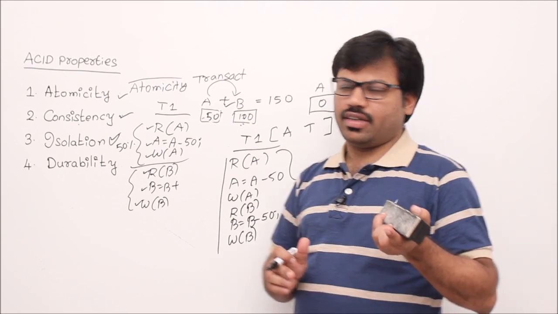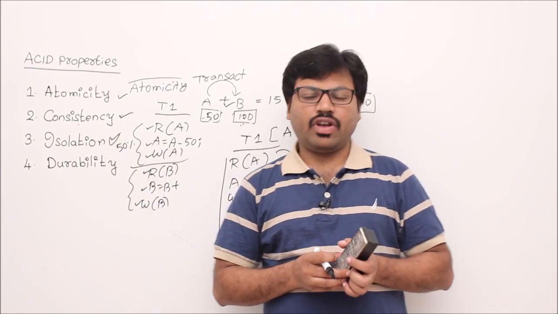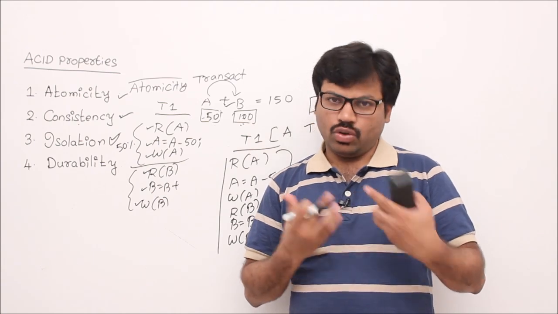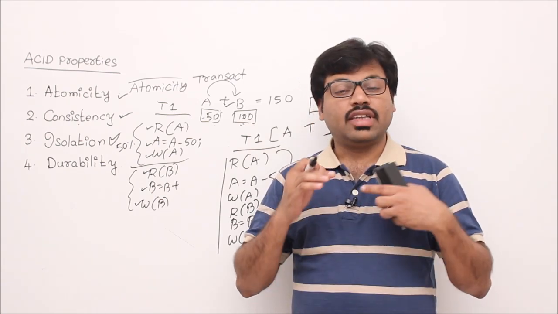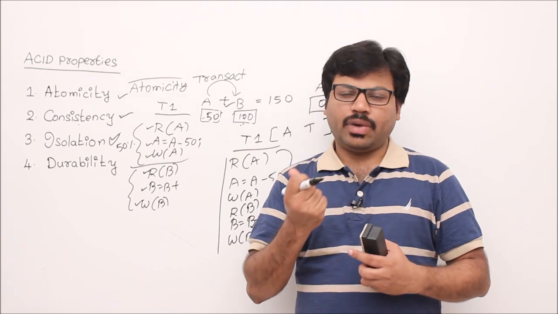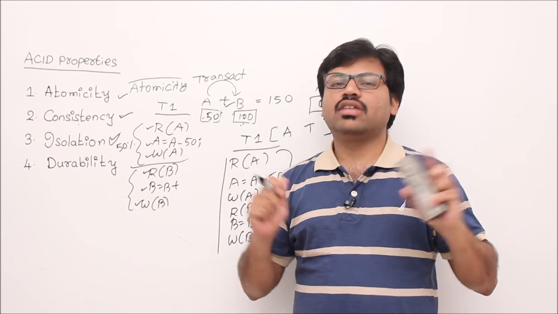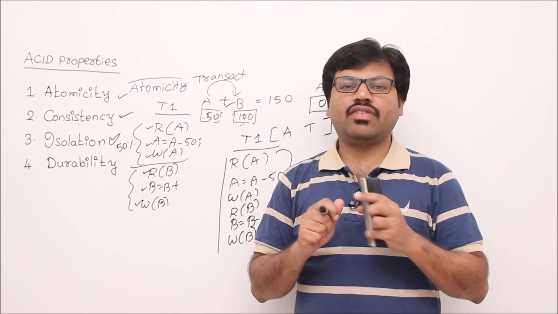Let me revise again. So isolation is like this. When multiple transactions are concurrently executed, the effect of one particular transaction's execution should be as if it is executed as a single transaction, otherwise alone.